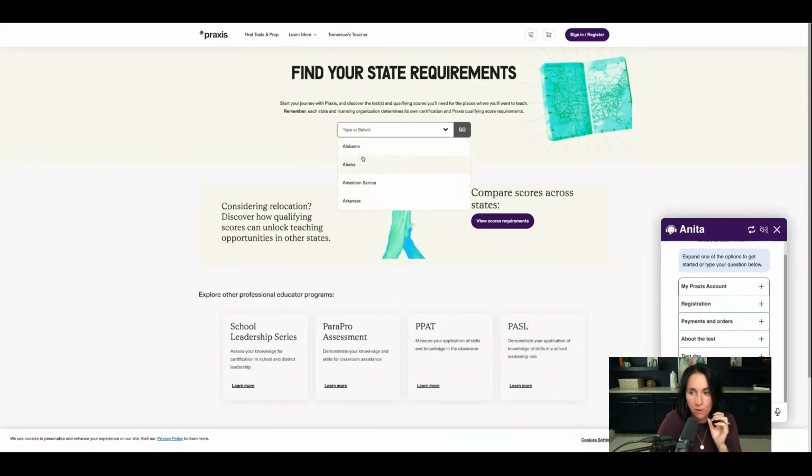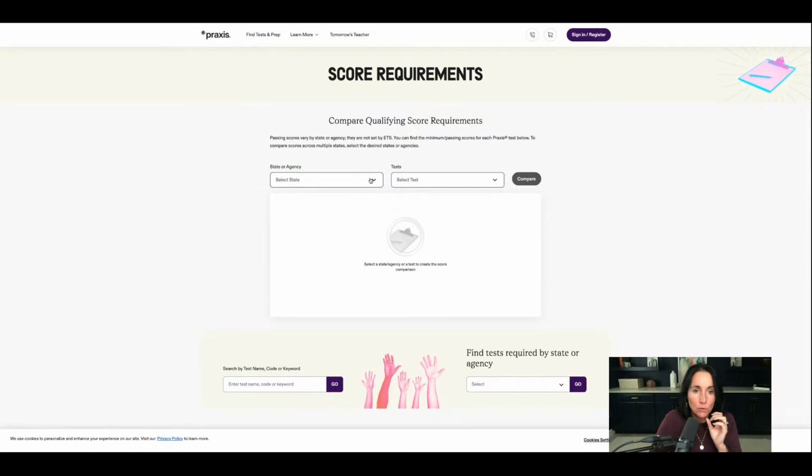You can go this way, or a very easy way is to go under view score requirements. Grab your state, and I'm not sure where you are. Sorry, tell me where you are. Who is asking about this? Tell me, the person who was asking about the score requirements, let me know where you are.